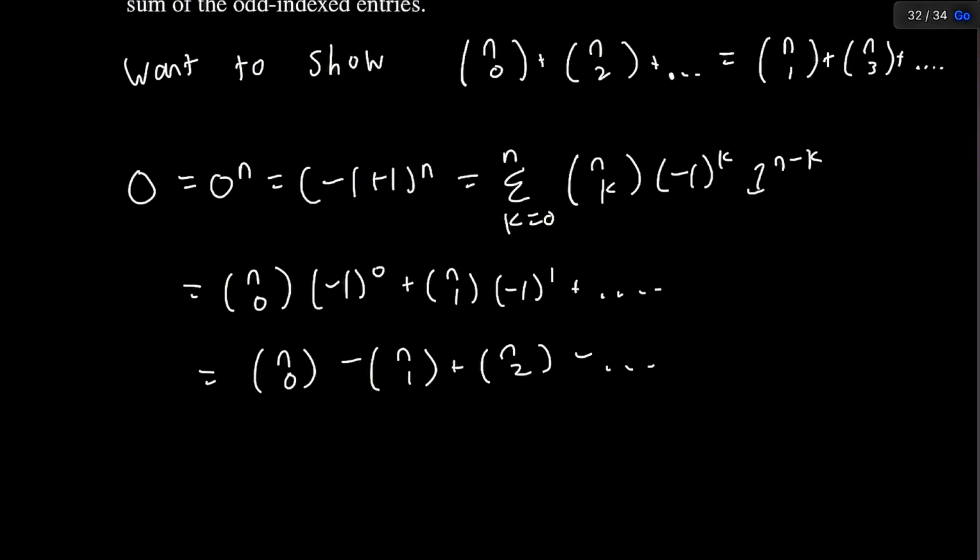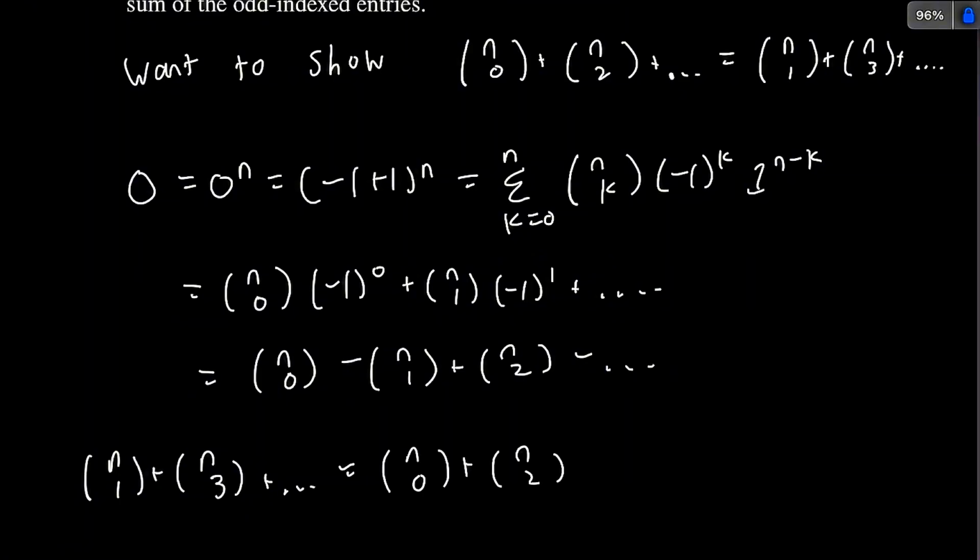And now we can just rearrange, and then on the left-hand side, we just get all the odd ones, n choose 1 plus n choose 3, and so on. And on the right-hand side, we get all the even ones, n choose 0 and n choose 2, and all of those, right? This is what we wanted to prove.